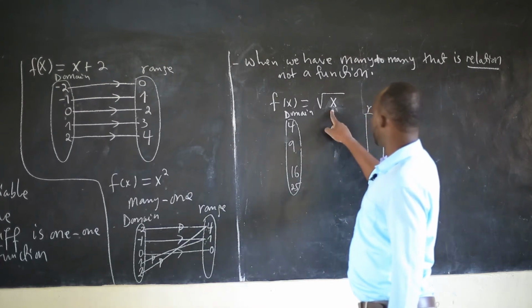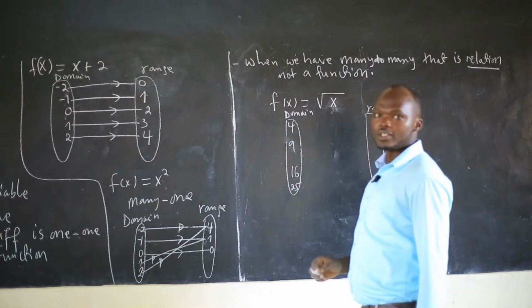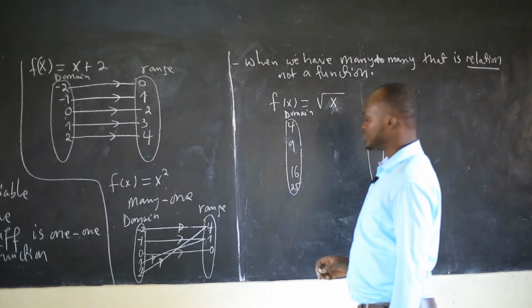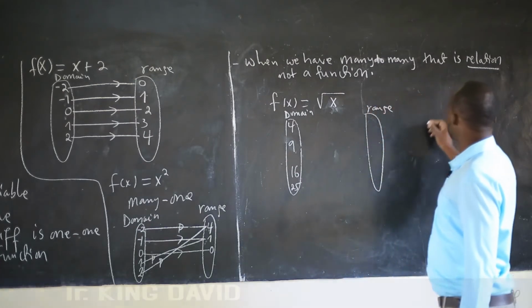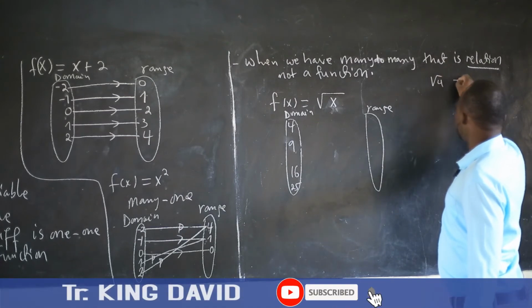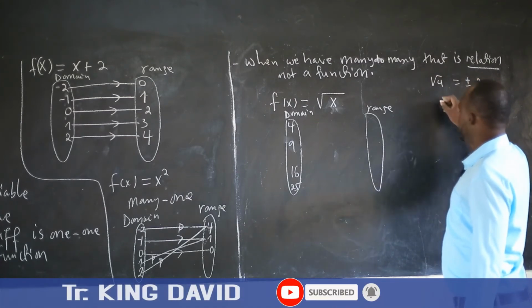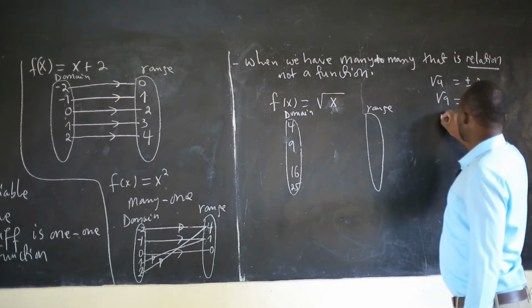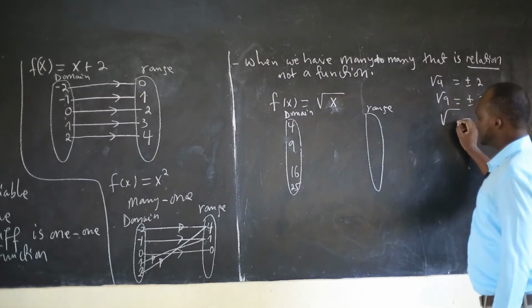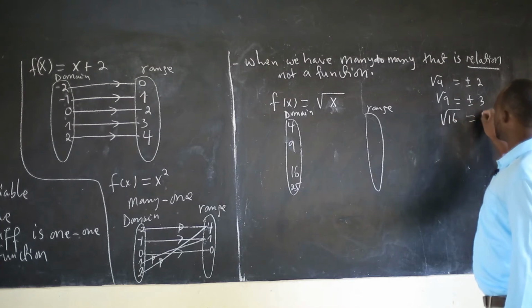So what is the square root of 4? It is plus or minus 2. Square root of 9 is plus or minus 3. Square root of 16 is plus or minus 4.